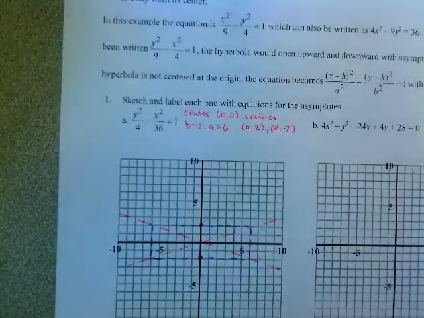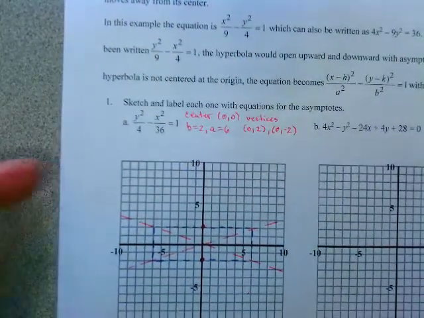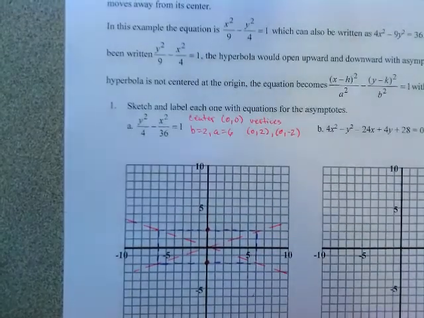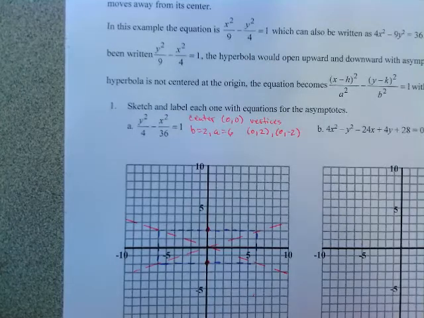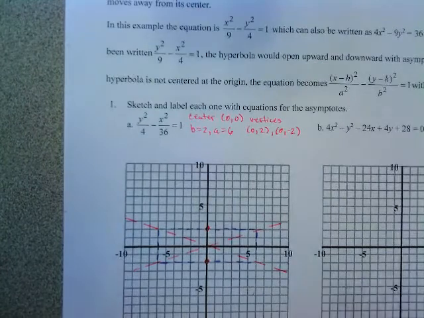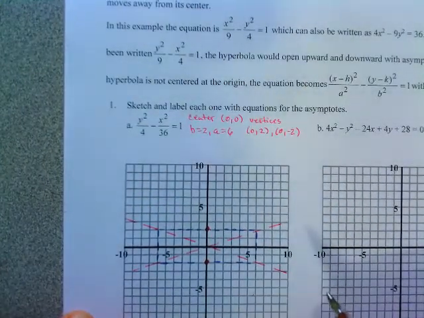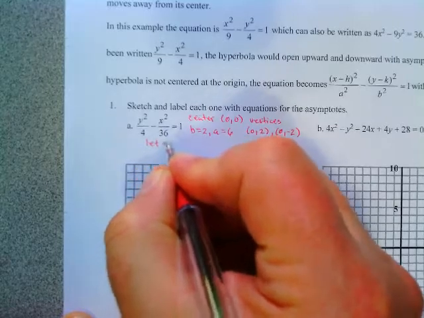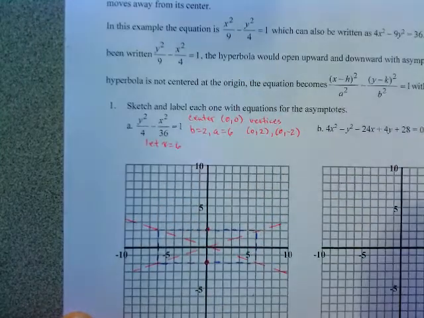Now, we're going to determine some extra points just so you can see how this works. We're not going to have to do this each time; we're going to do a sketch more than a graph. But for the sake of argument, let x equal 6.